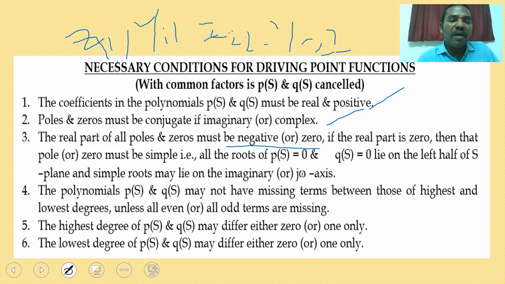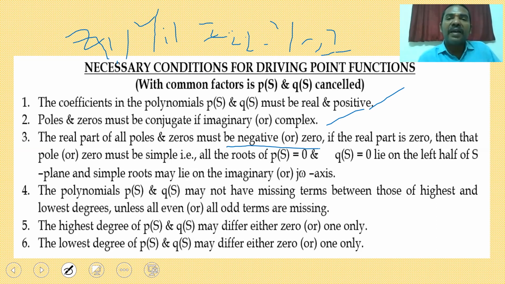The real part of your poles and zeros must be negative or zero. So that means s minus z1, s minus z2, or simply s, like that. Okay.